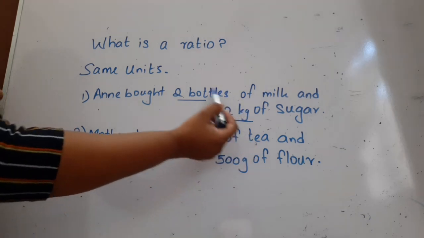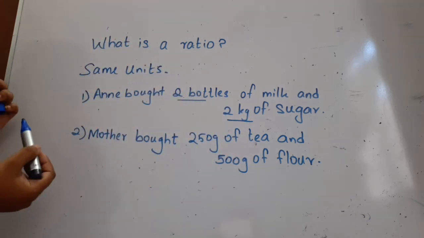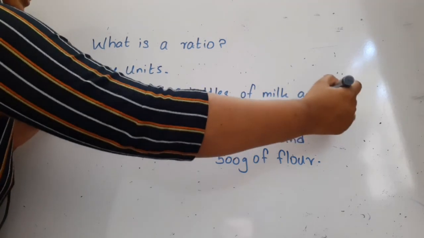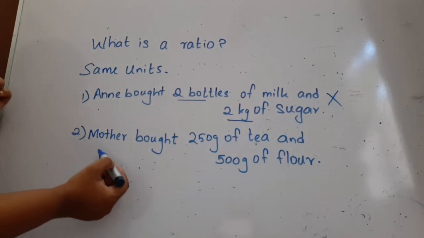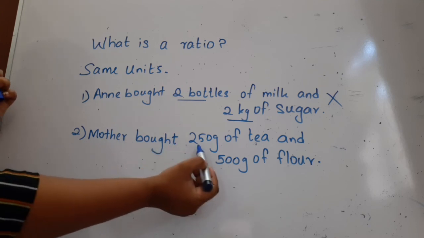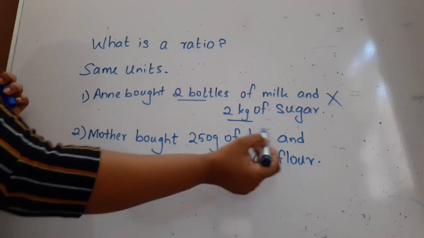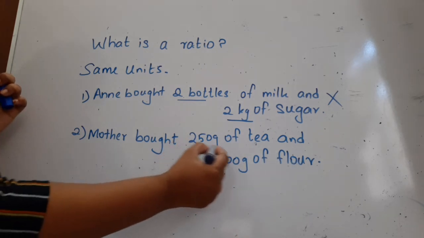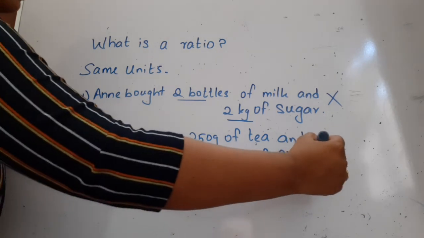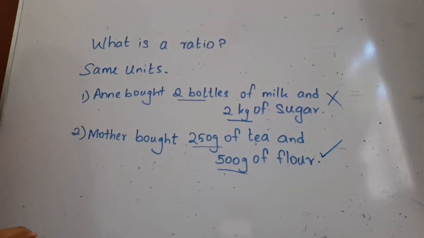This is in kilograms, this is the number of bottles. So, this cannot be indicated in a ratio. Look at the second sentence. Mother bought 250 grams of tea and 500 grams of flour. These two are in the same unit, so you can write it as a ratio.